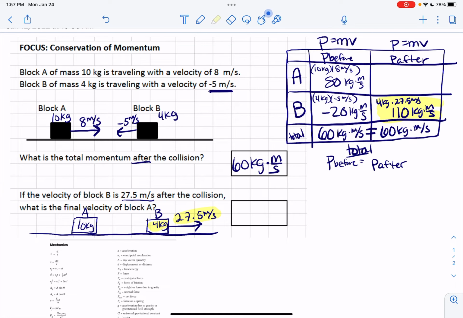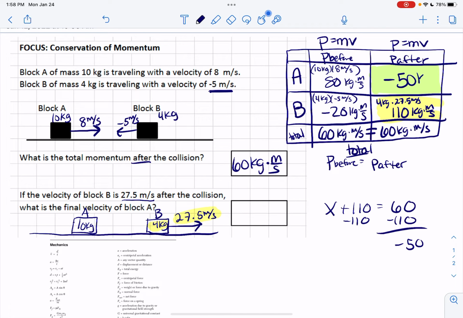So then, with that in mind, I can solve for block A, because block A plus block B has to equal 60. So it's kind of like x plus 110 has to equal 60. With simple algebra, we subtract on both sides, and I get negative 50 for my momentum.